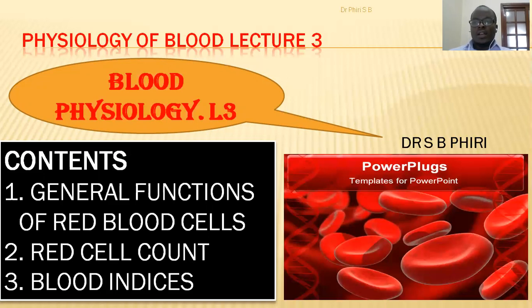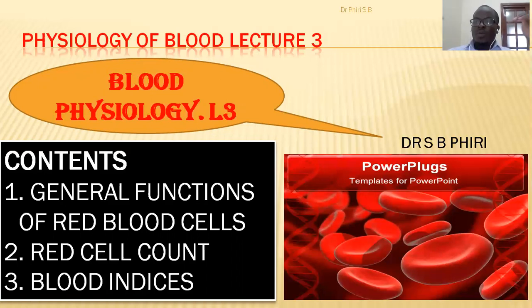Once that multipotential stem cell is stimulated by those inducers, it's going to differentiate into two major types of cells: the common myeloid progenitor cell or the common lymphoid progenitor cell. Since we're looking at erythropoiesis, it mainly comes from the lineage of the common myeloid progenitor cell.